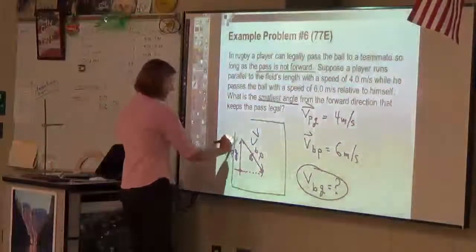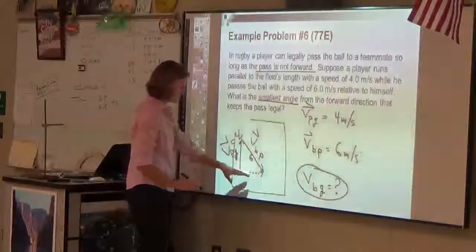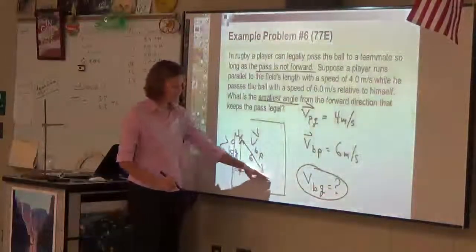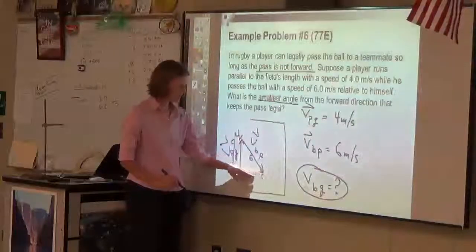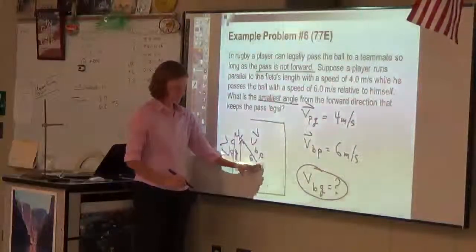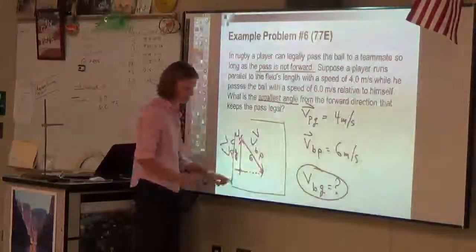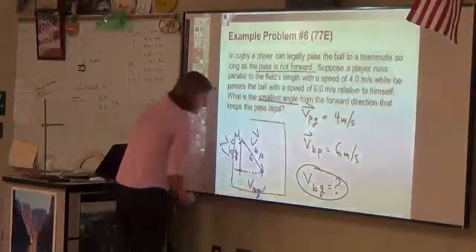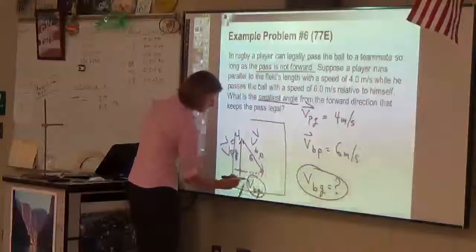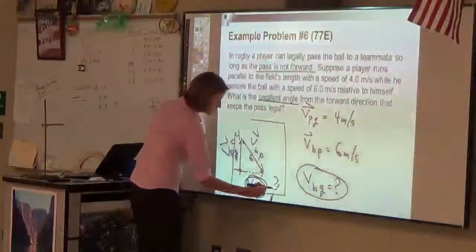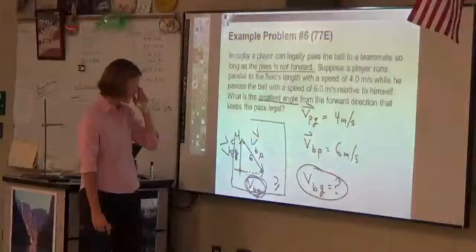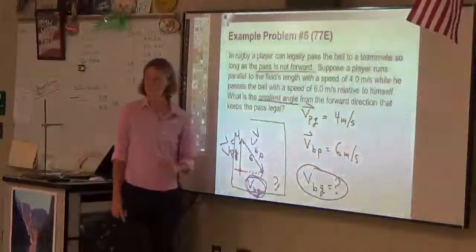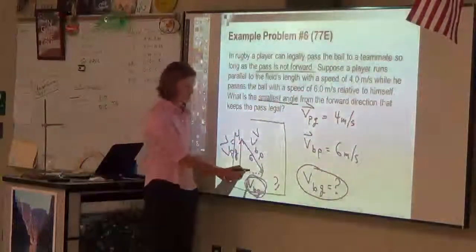And I know this. And my net has to be perpendicular. It can't be forward at all from where this player is. Does that make sense? So this little dashed line is really the resultant.